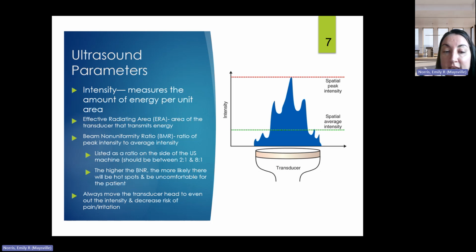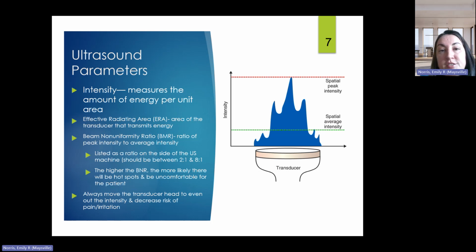Typically it should be between 2 to 1 and 8 to 1, and that will be listed on the side of the ultrasound machine. In order to be sold, it should be within therapeutic range and shouldn't have a greater beam non-uniformity ratio. The higher it is, the more likely there's going to be hot spots, the more likely it's going to be uncomfortable to the patient, and that it could possibly cause some type of damage.